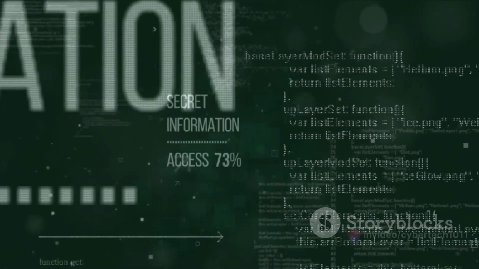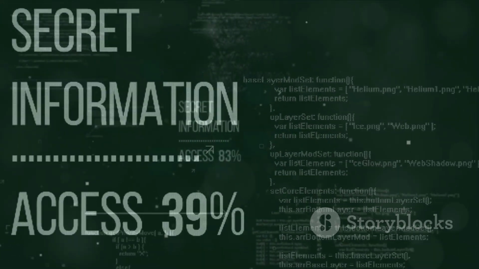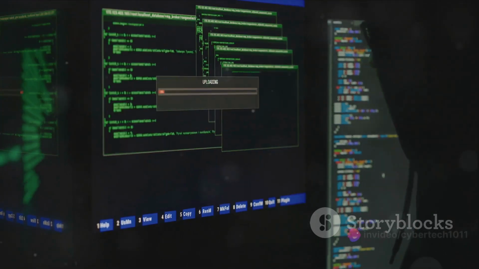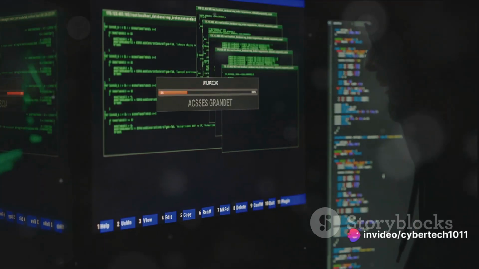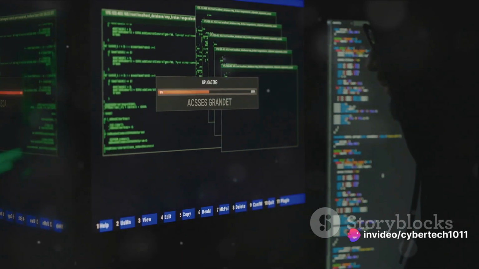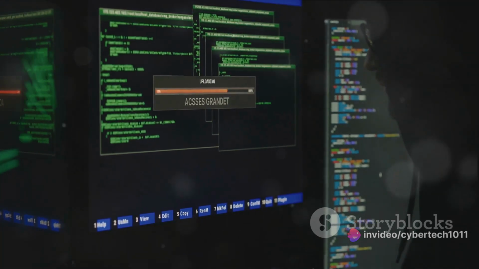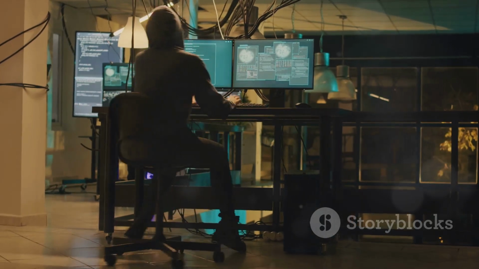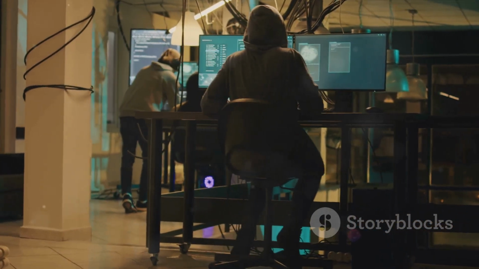Next on our list is Recon-ng. Recon-ng is an open-source OSINT framework that was designed for web-based open-source reconnaissance. It's a powerful tool that can help you gather and analyze information about a target, such as their email addresses, files, social networks, and even their physical location.